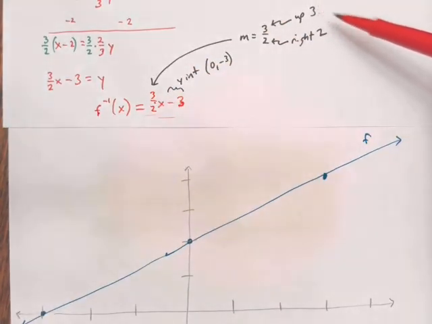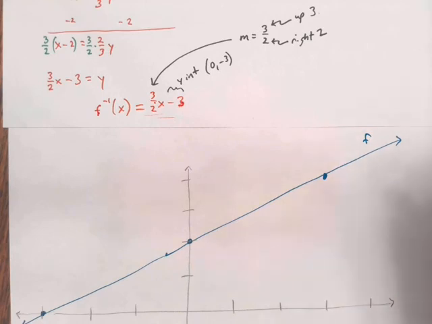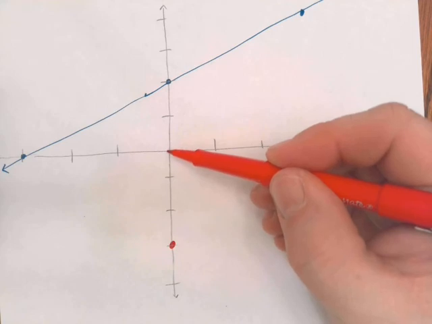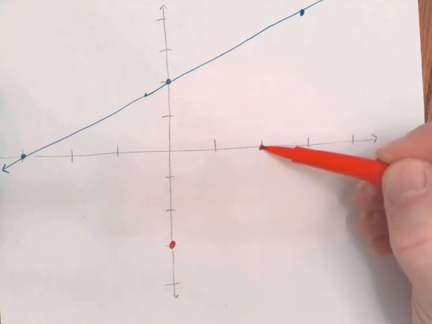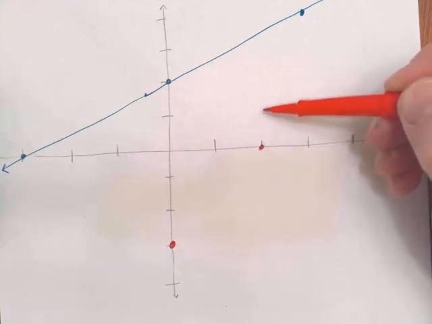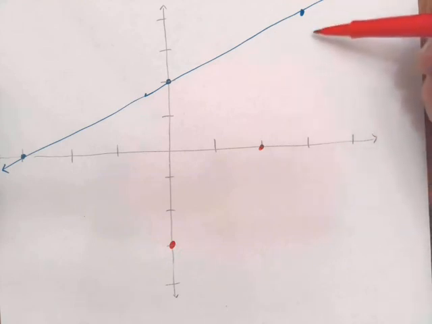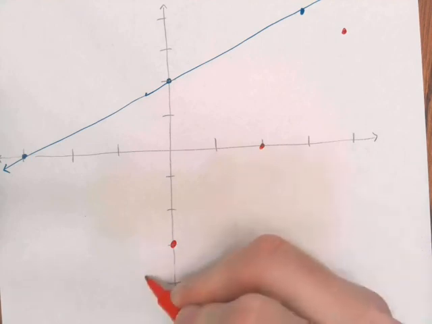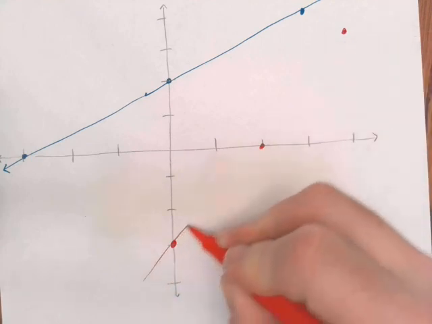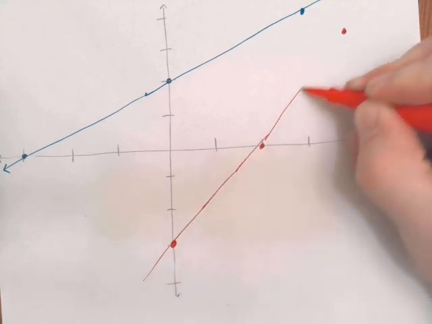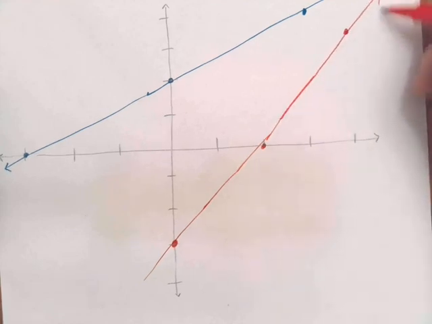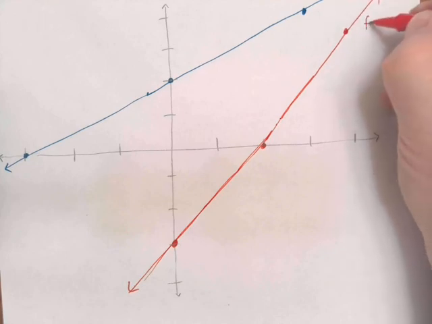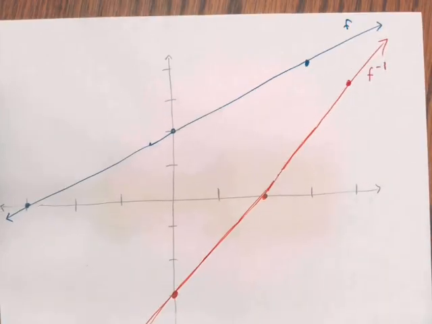So I'm going to go up 3 and right 2 from that first point. From this point right here, I'm going to go up 3 and to the right 2. I'm going to go up 3 again and to the right 2. After we come up with a couple of points, we will have our graph of our inverse.